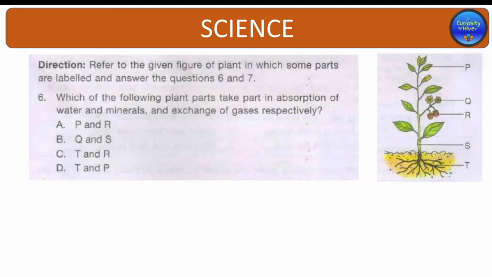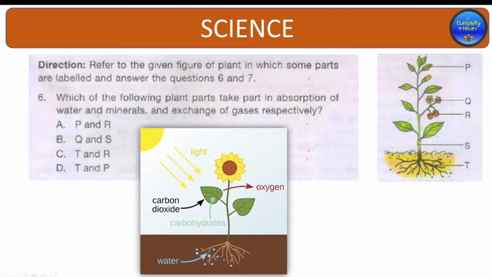So let's quickly look at the concept. It is the roots which absorb water and minerals, and it is the leaves which take in carbon dioxide in presence of light and chlorophyll to cook their food, and they give out oxygen. So the right answer for this is roots and leaves, that is T and P, which is option D.